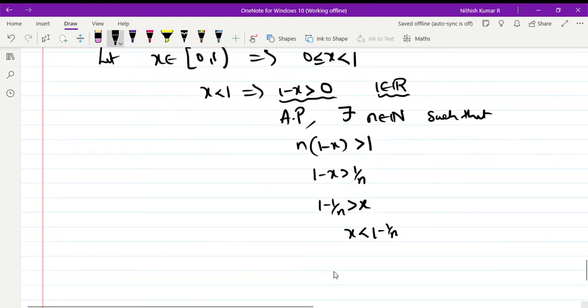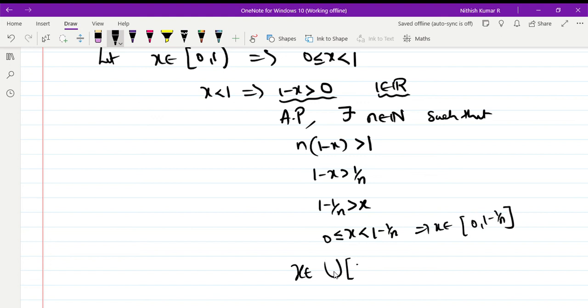Now clearly this x is greater than or equal to 0, therefore this implies x belongs to the closed interval [0, 1 - 1/n]. Hence x belongs to the union of [0, 1 - 1/n], where n ranges from 1 to infinity, and that is nothing but the union of Fn, n equal to 1 to infinity.